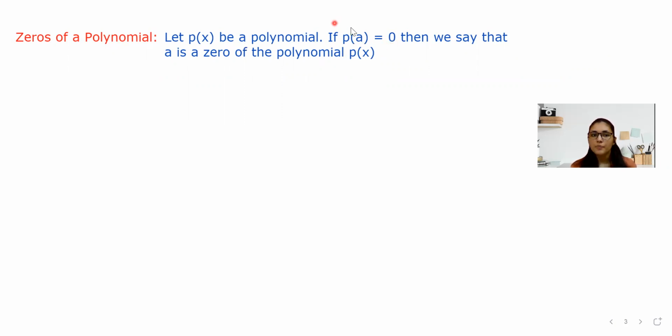This means that a is known as the 0 of polynomial p(x).